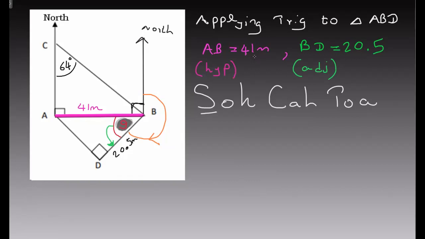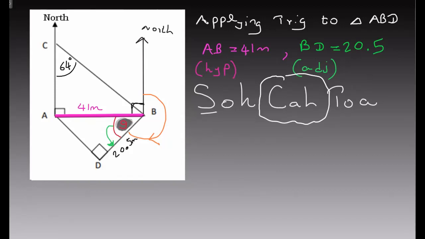That is the cosine ratio. It has A, H. So what you've got to use is the cosine ratio.